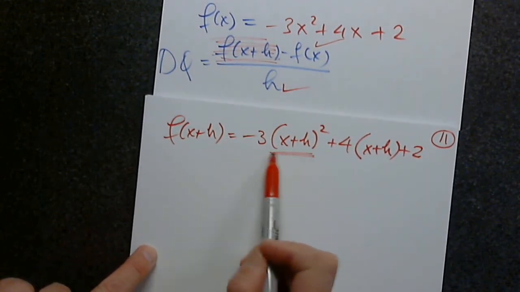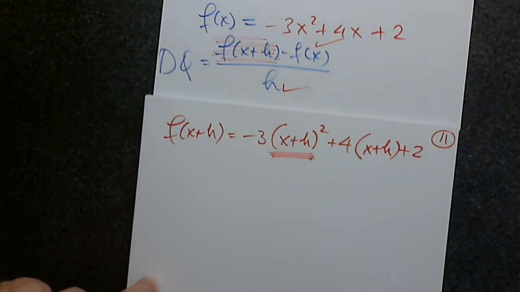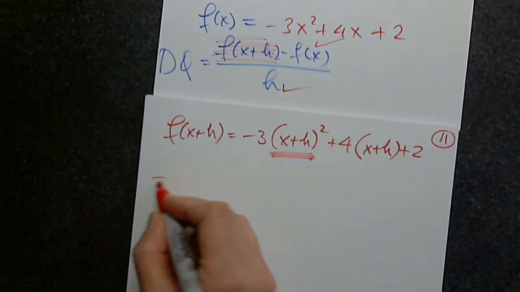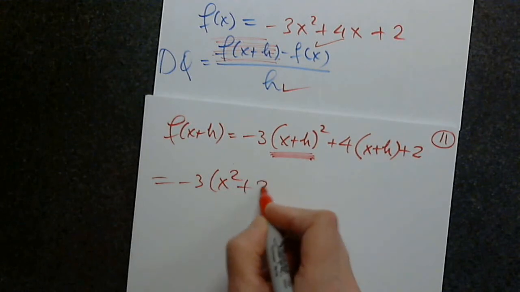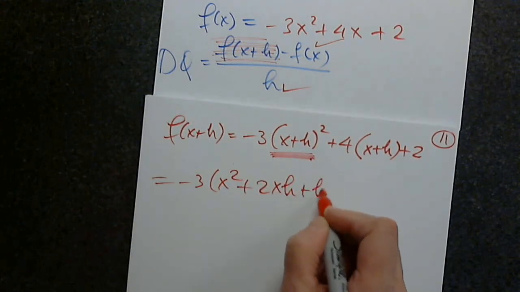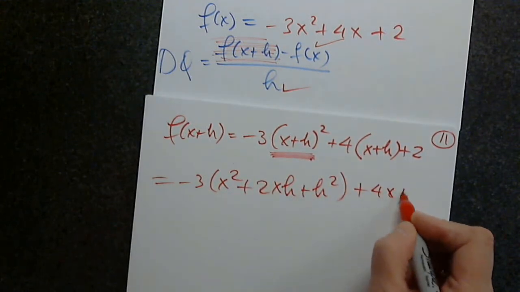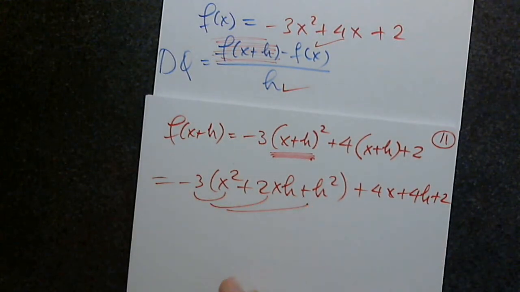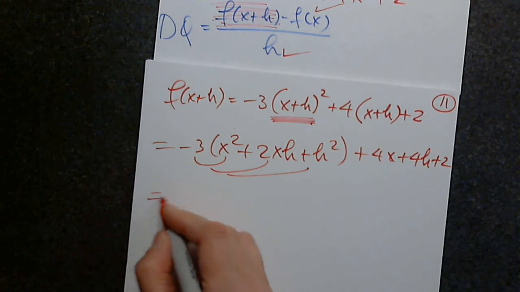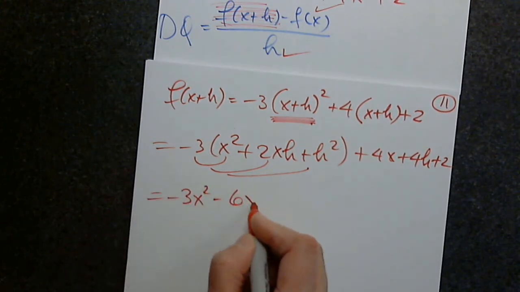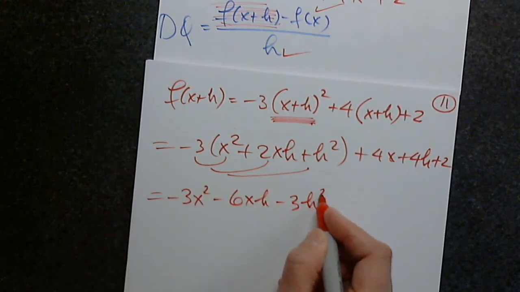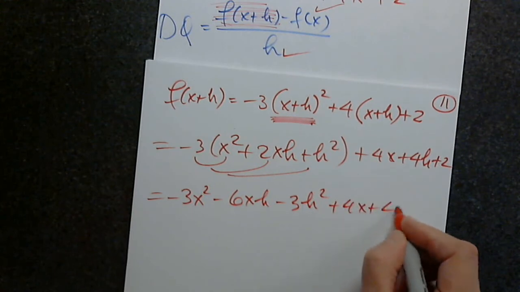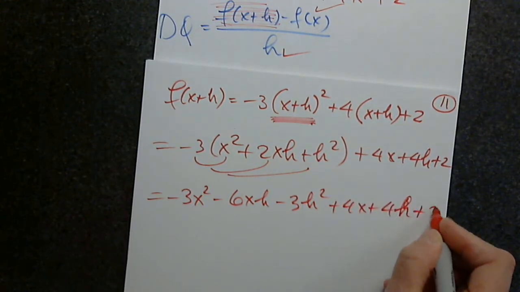You must remember that this is a trinomial. Please do not write x squared plus h squared. The x squared plus 2xh plus h squared plus 4x plus 4h and plus 2. And now I have to distribute this. So this is negative 3x squared minus 6xh minus 3h squared plus 4x plus 4h and plus 2.